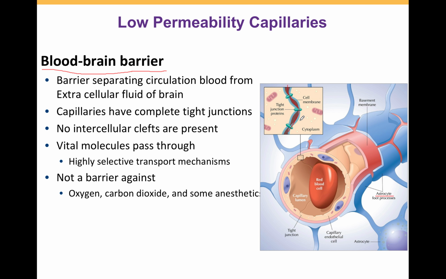I do want you also to understand that even though you have tight junctions and astrocytes, some molecules do pass through, including oxygen, carbon dioxide, and some of the anesthetics, which enable the person to go to unconsciousness when they consume those medications.